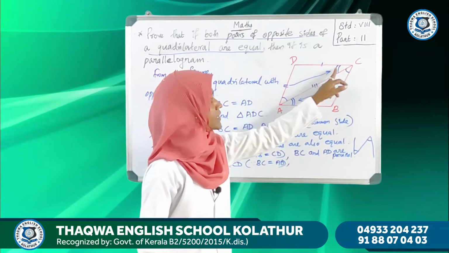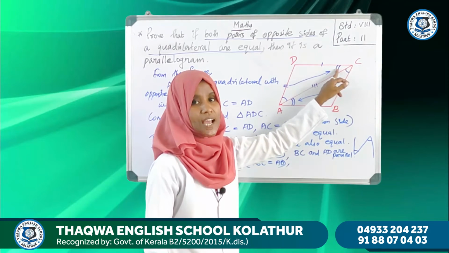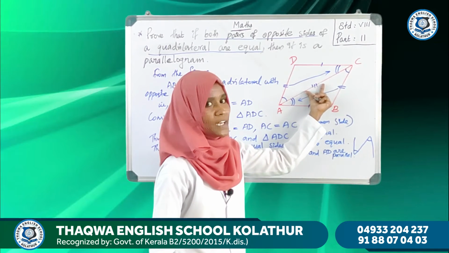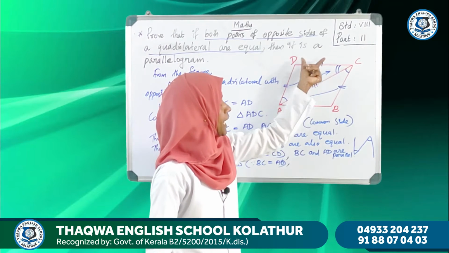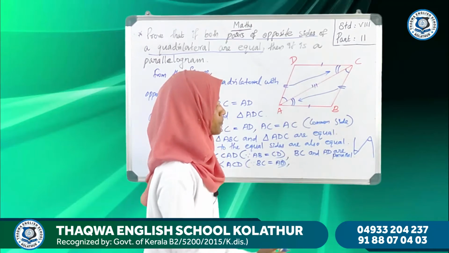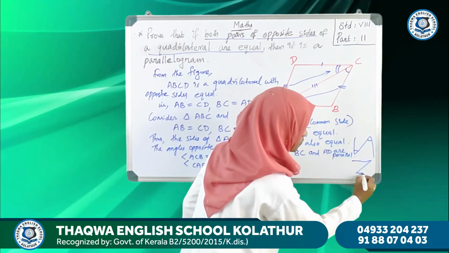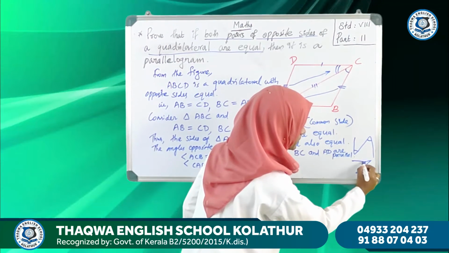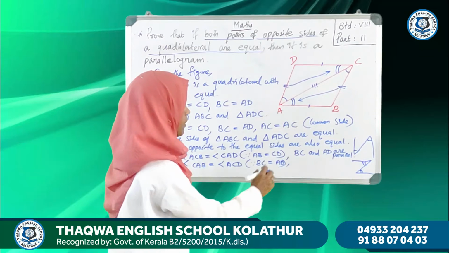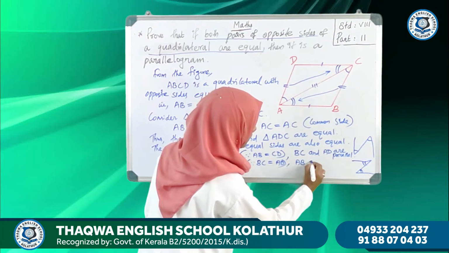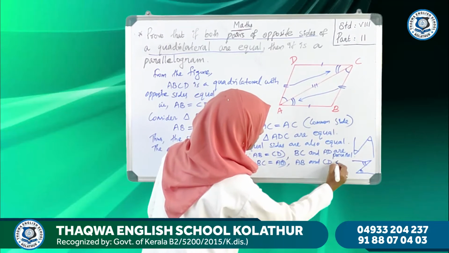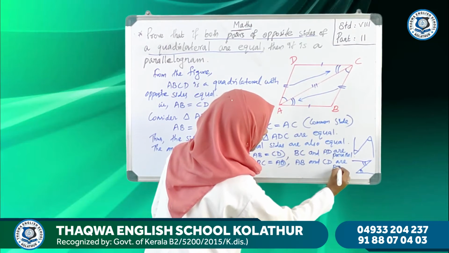Then these two angles are alternate angles formed by the line AC meeting a pair of lines AB and CD. Now, from this we can say that the lines AB and CD are parallel.